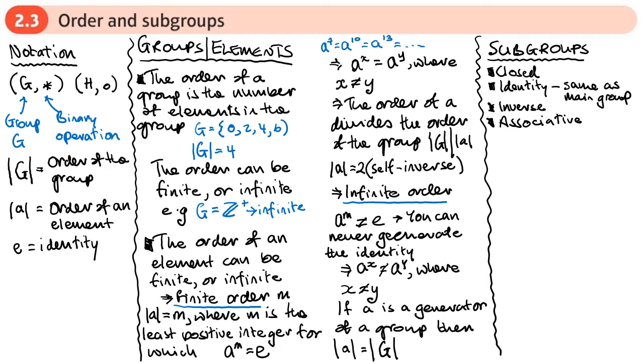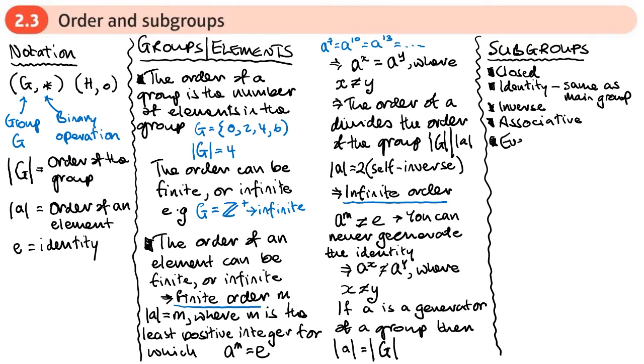Now, because a subgroup is like a mini group within the main group, it actually contains elements which are a subset of the main group. And every group has at least two subsets.